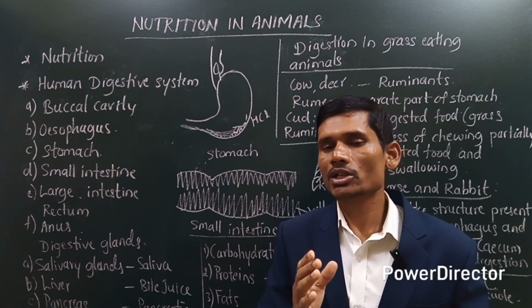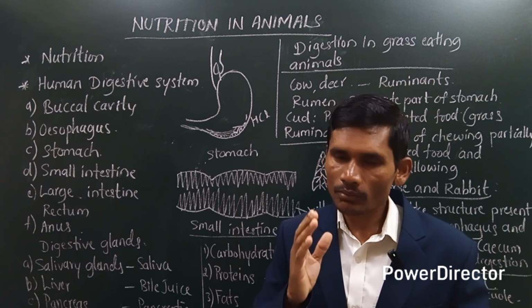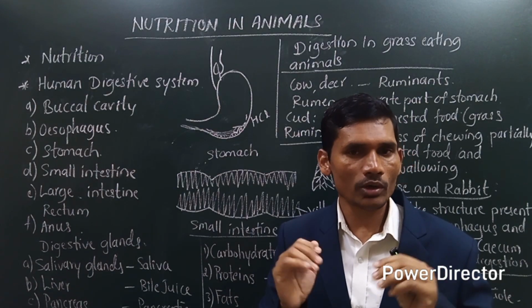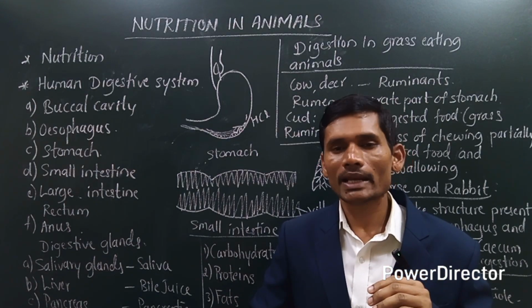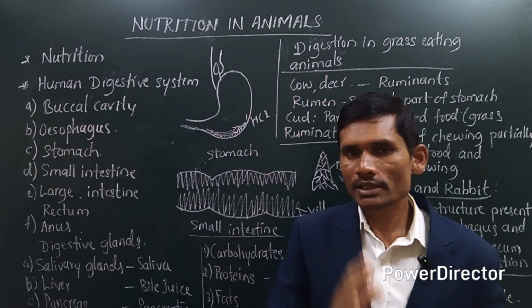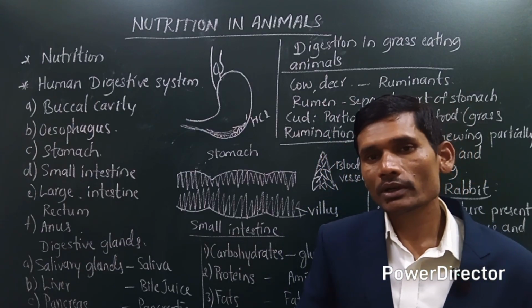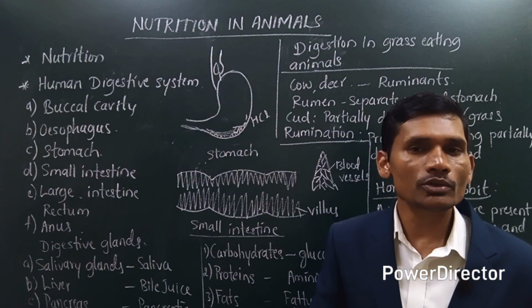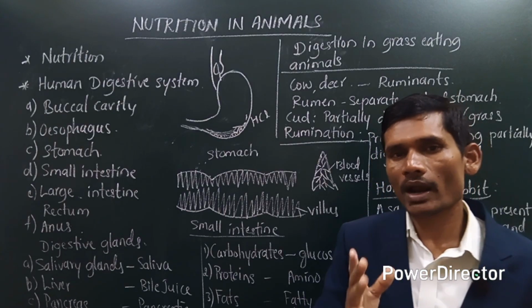The liver is a reddish brown gland. It is the largest gland in the human body, located on the right side of the upper part of the abdomen. Remember. The liver secretes one juice called bile juice, which helps in the digestion of fats.